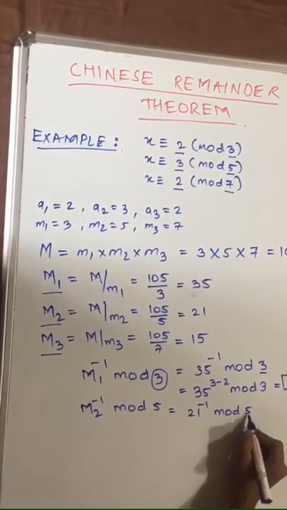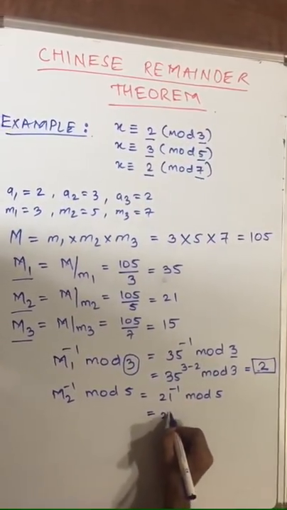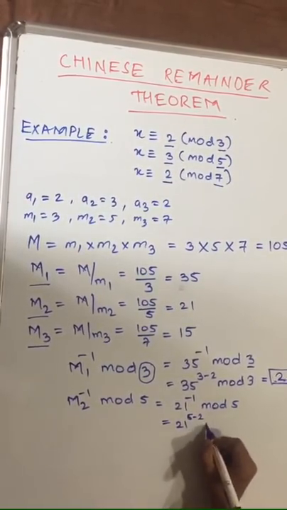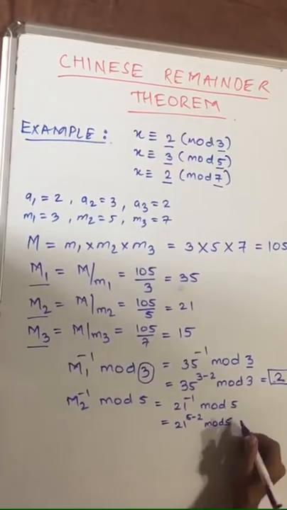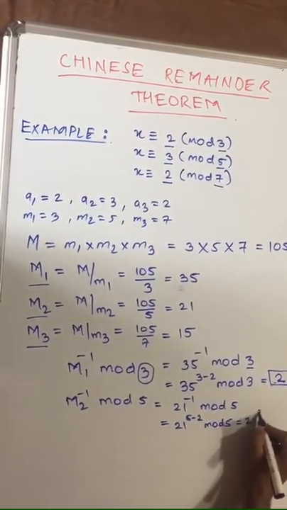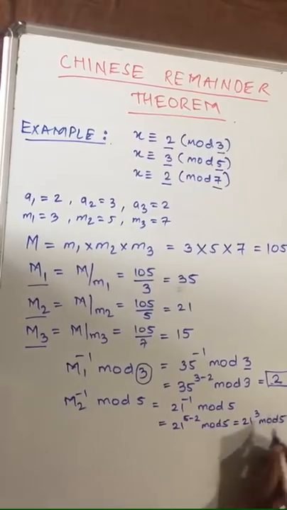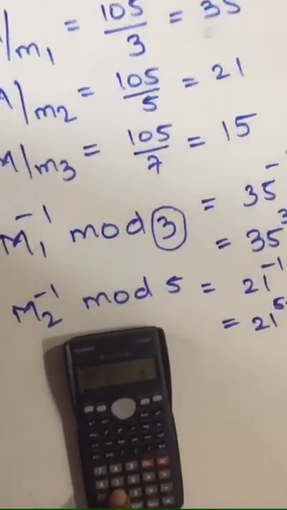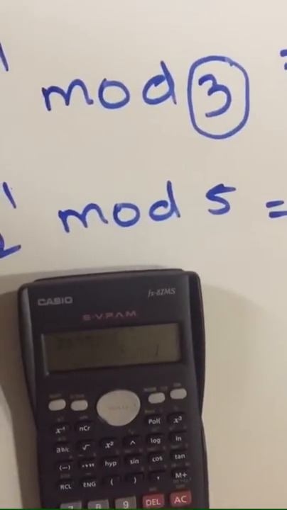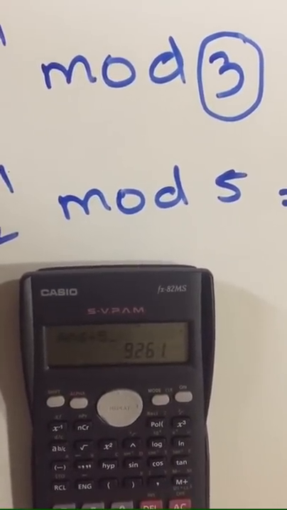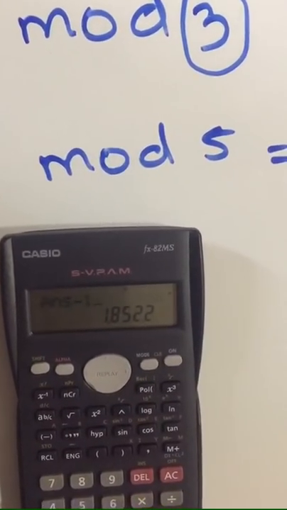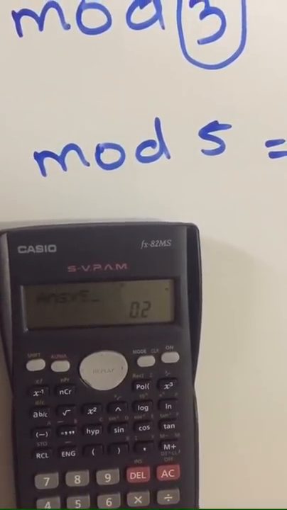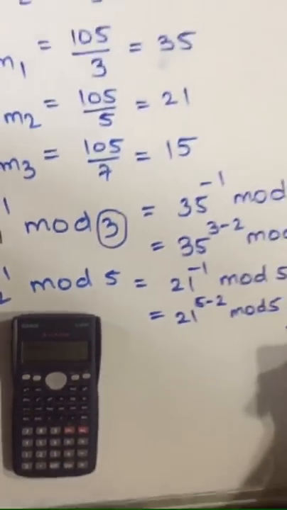As you can see, this is also a prime number, so we'll apply Fermat here. 21 to the power 5 minus 2 mod 5, which will be equal to 21 raised to 3 mod 5, which will be equal to 1.